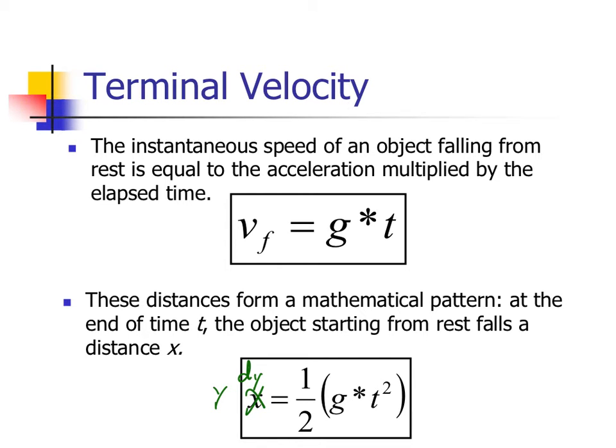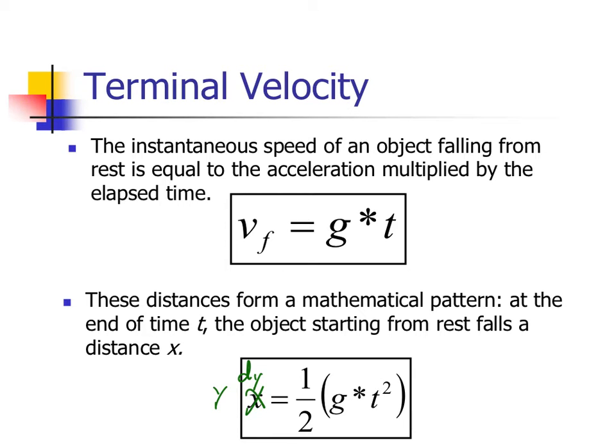And that's 1/2 g t squared, which should look very similar to x is equal to v sub i times t plus 1/2 a t squared. In this case, why are you using that one?